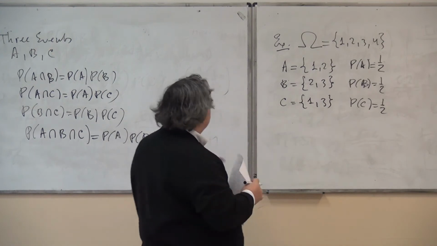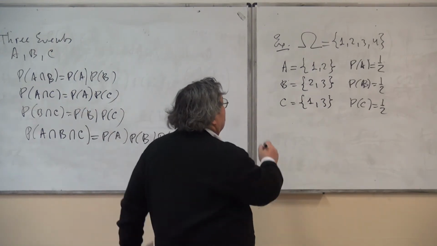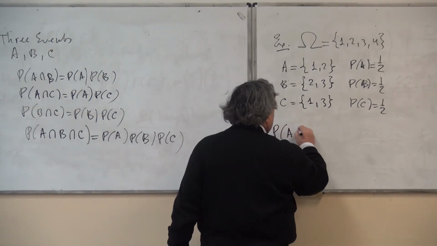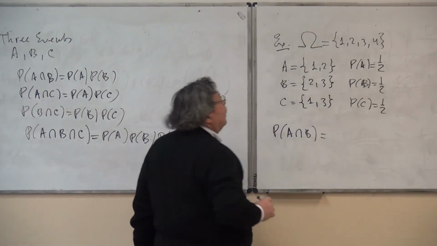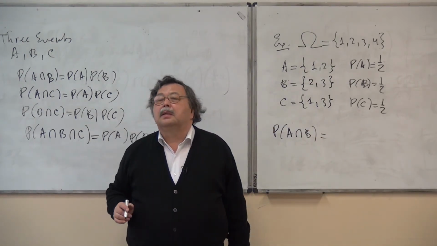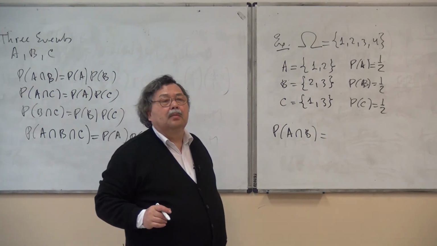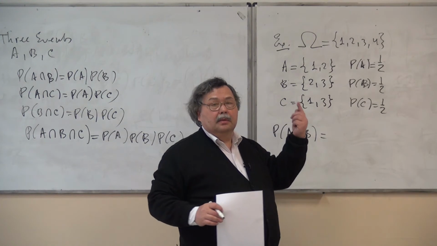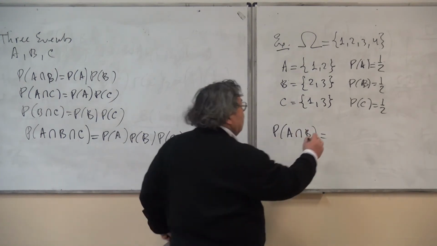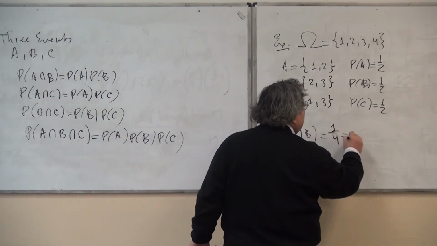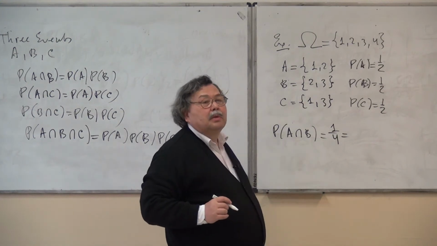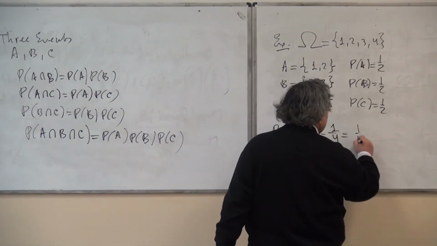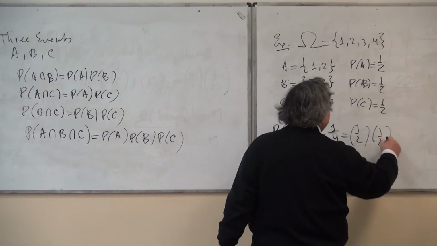What about the intersections here? The probability of A intersect B. Now, what is this set? A intersect B. How many elements does it contain? Just 1. It's just number 2. So it's 1 out of 4, which is equal to the product of the 2 respective probabilities, 1/2 times 1/2.